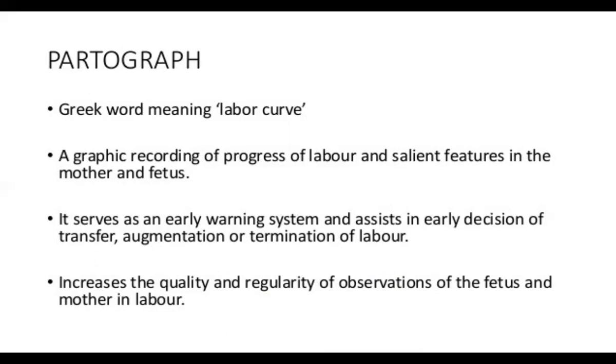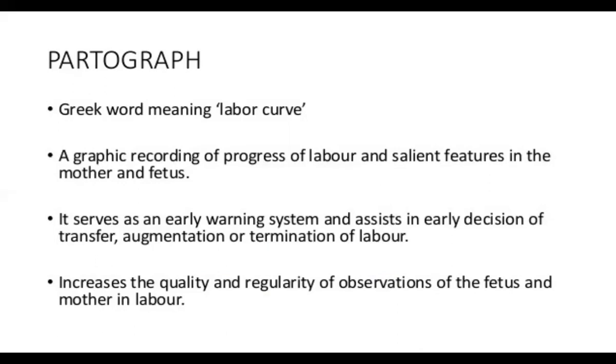As we know, during labor it is not just a 1 hour or 2 hour procedure. If the female is a primi, it takes up to 18 hours. So we require some graph so that we can assess when the delivery is going to take place.